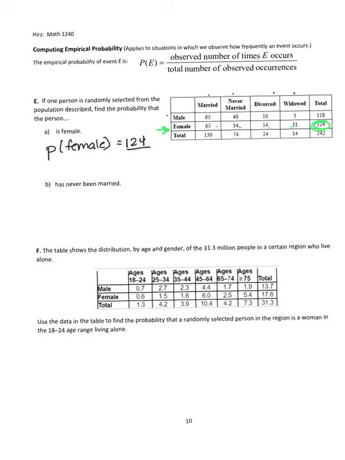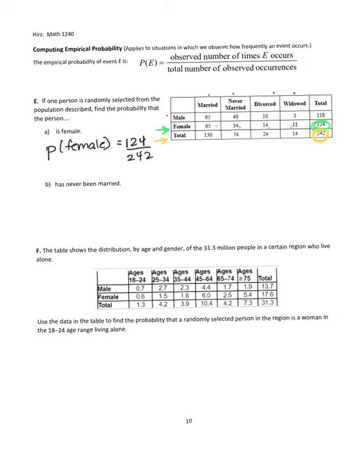And what would that be out of? That would be out of the total number of people who are categorized here. The total number, if you look under totals, is going to be 242.